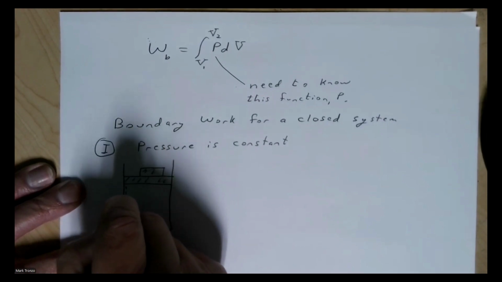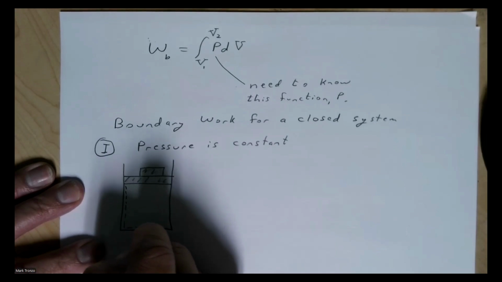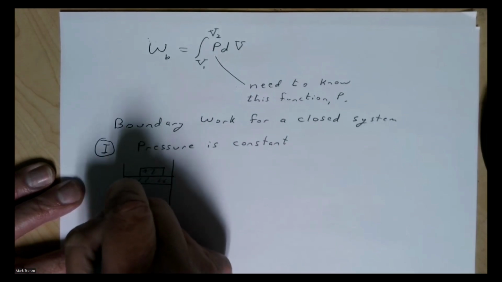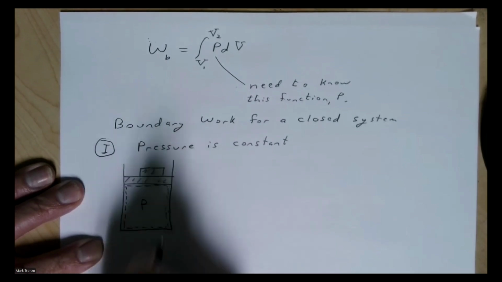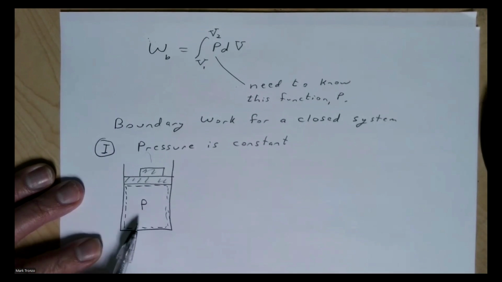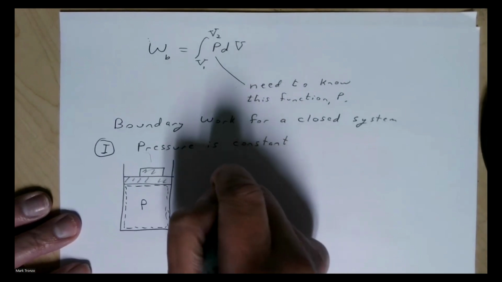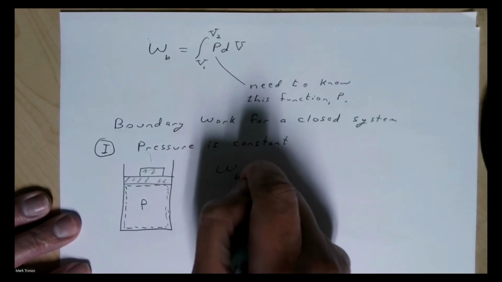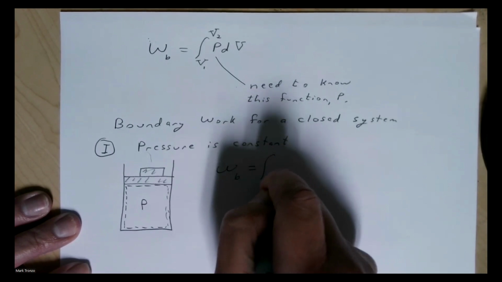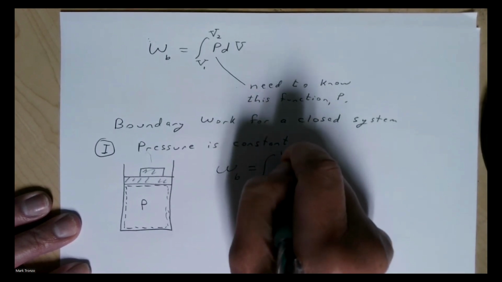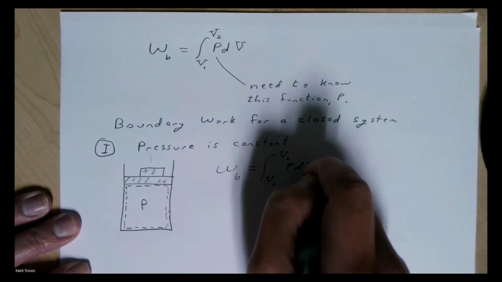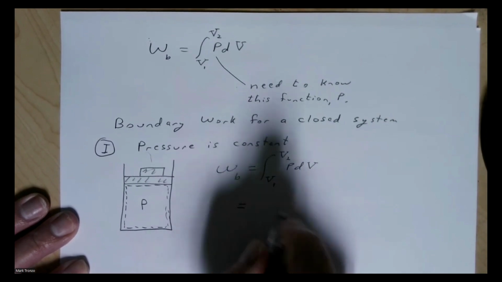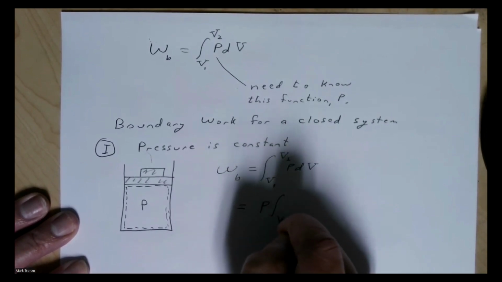Again, your system is going to be this gas in here, and you're going to have some pressure P. As long as this piston's free to move, that's going to keep the pressure of this gas constant. And if the pressure is constant, then we can pull the P out of the integral.